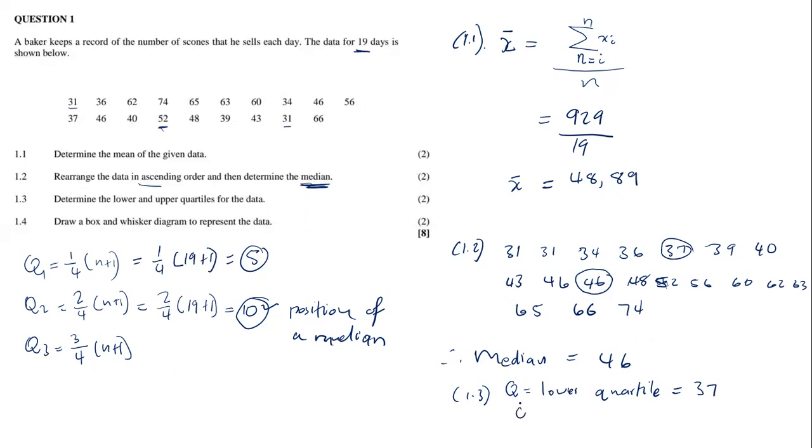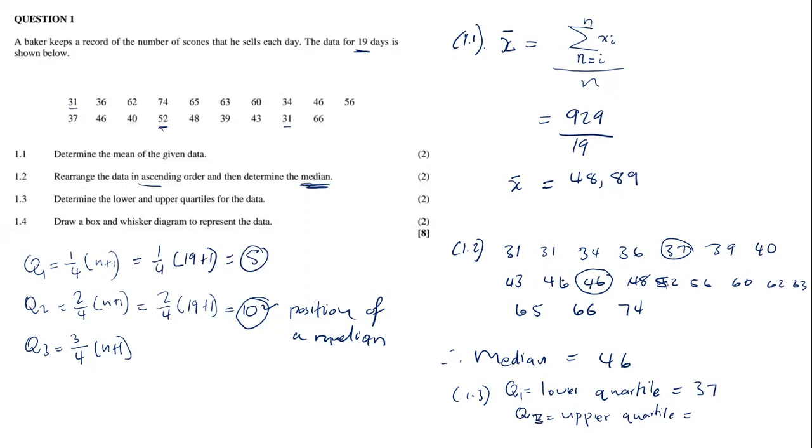Now, there's Q1. Q3 is the upper quartile. If you want to determine this manually, you can count 1, 2, 3, 4, 5.